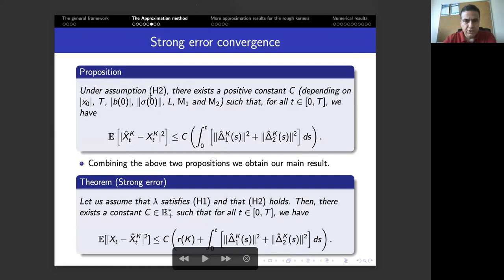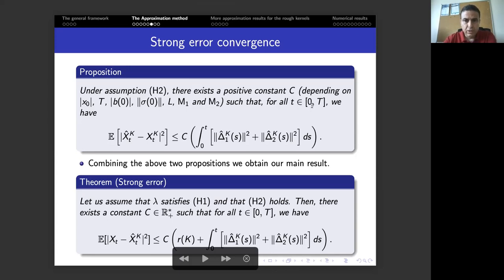Still under assumption H2, we are able to prove the existence of a positive constant that depends, of course, on the parameters of the problem: the starting point, maturity, B0 and sigma 0, and L, M1 and M2 associated to the kernel.